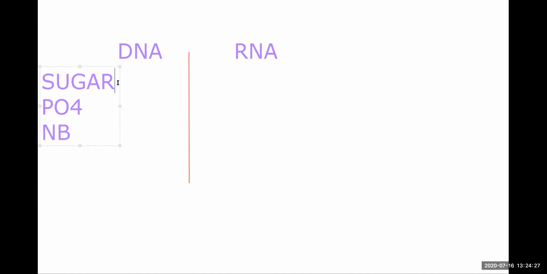The sugar in case of DNA is deoxyribose.